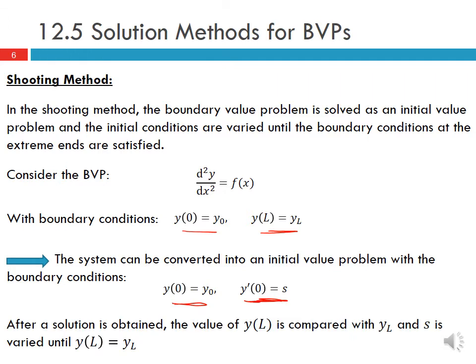Then we can use the methods for solving initial value problems to find the solution across the entire domain. After the solution is obtained, the value of y of L is compared with the specified value YL, and s is varied until those two match.